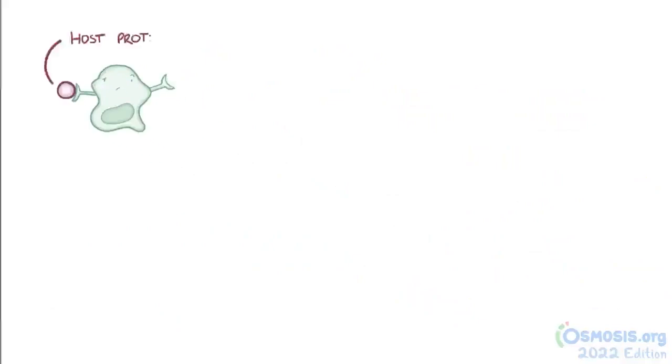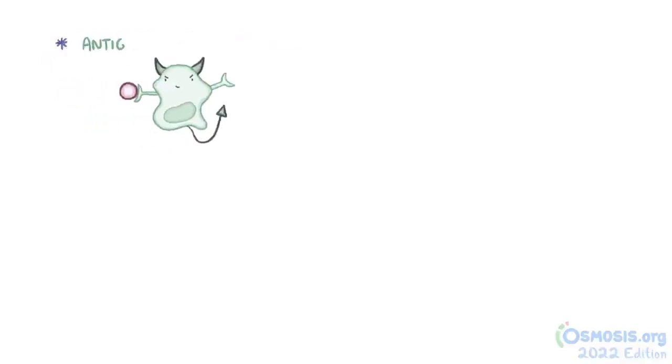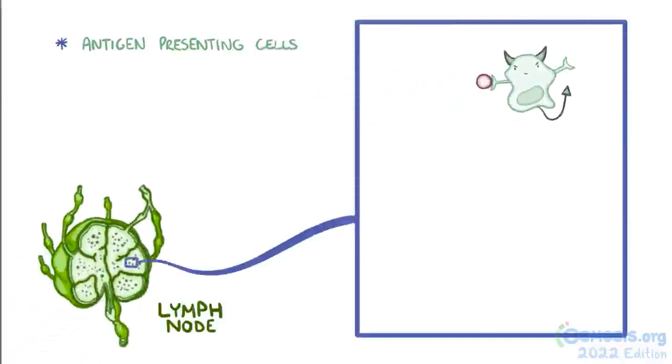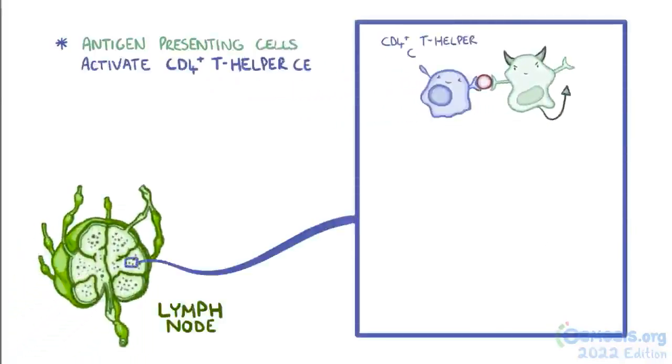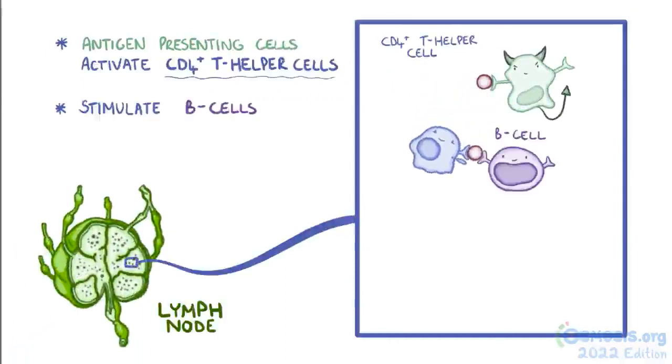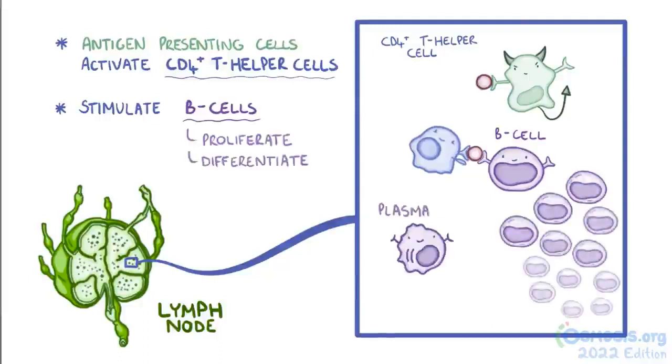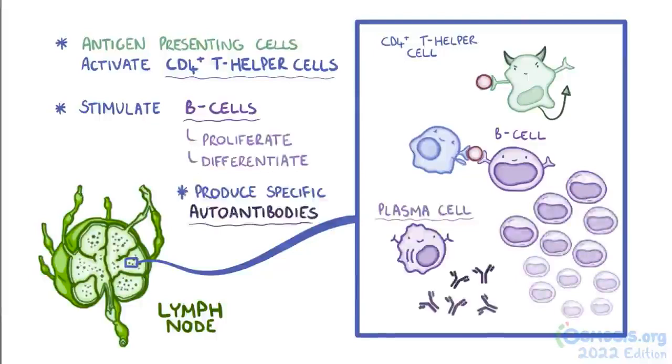When our own protein triggers an immune response, that protein is called an autoantigen. So these autoantigens get picked up by antigen-presenting cells and get carried to the nearby lymph node to activate CD4 positive T helper cells. T helper cells stimulate the B cells in the lymph node to start proliferating and differentiate into plasma cells, which produce specific autoantibodies against these autoantigens.